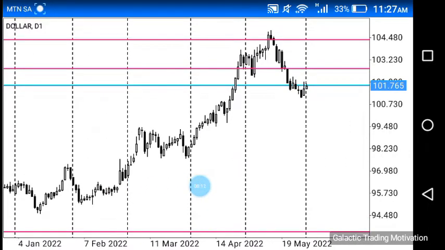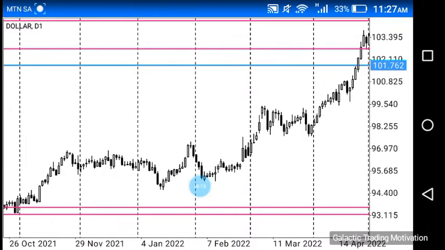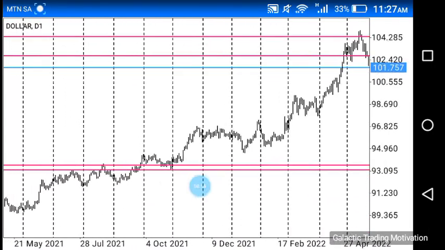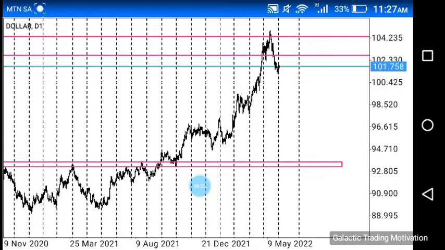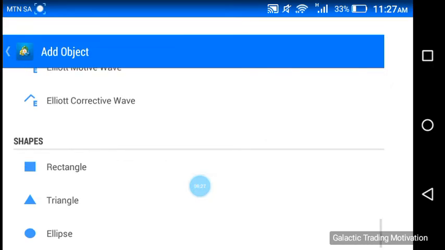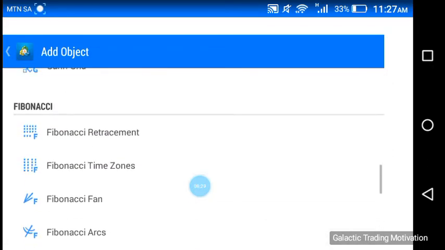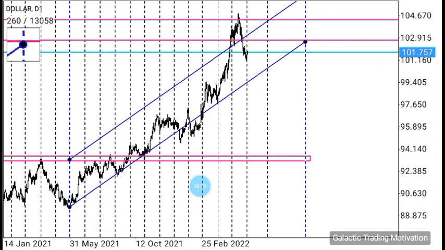Okay, so here we are on the daily chart. What do we see on the daily chart? So the first thing that I'm going to do on the daily chart is actually add my daily channel. Just bear with me. Let's see.